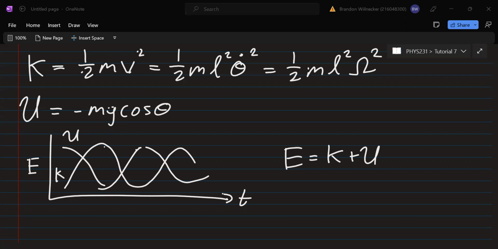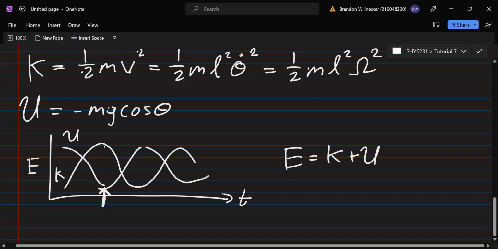But as time goes on, the kinetic energy will go up because the mass starts moving, and the potential energy goes down because it's getting closer to the bottom of the arc where it has lowest energy. And then once it's at the bottom of the arc, it's going to be at this point here. It then overshoots the bottom.